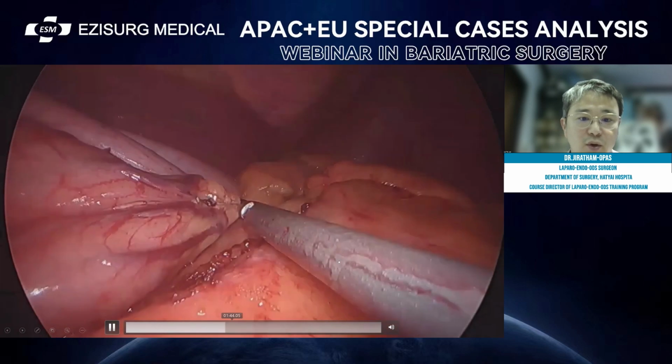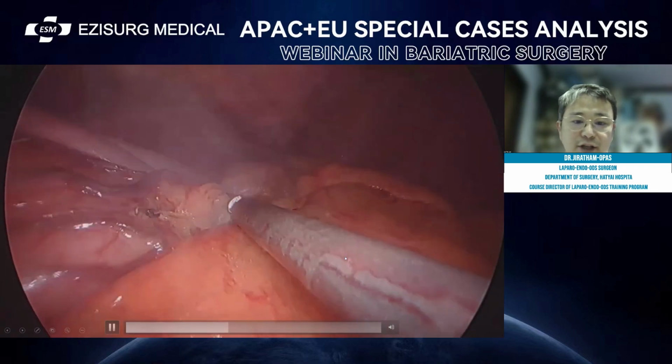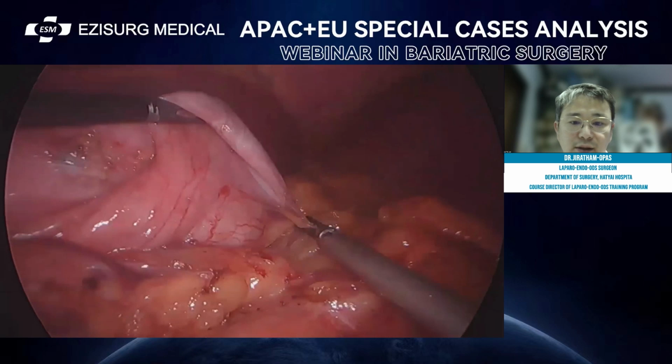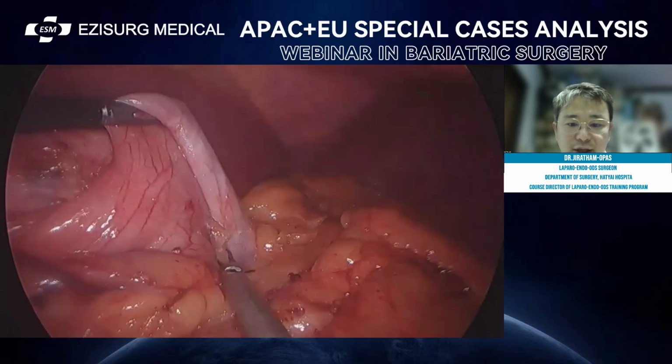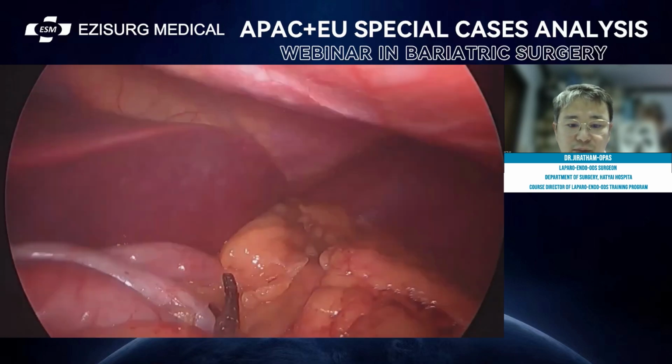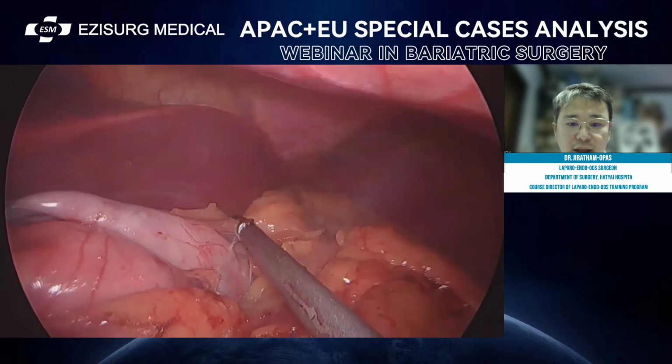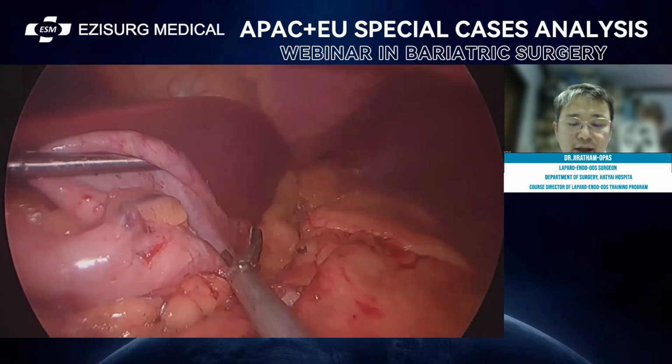Like this, try to open the fundus as much as possible to make the fundus free. I think this approach is the same as everyone does.